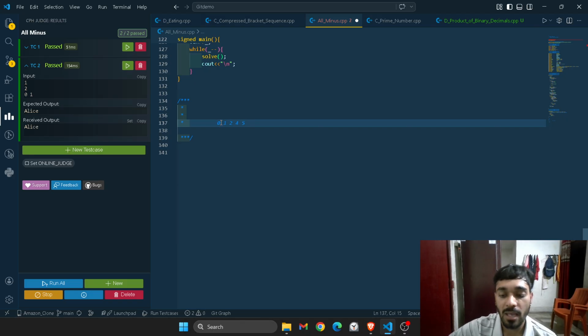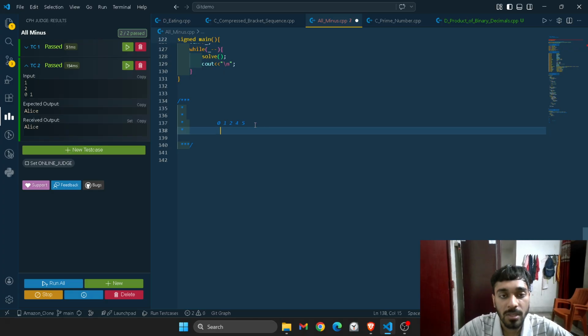So Alice comes and removes this 0, and we are left with these four integers. Then Bob's turn will come, and the minimum non-negative integer here is 1. So 1 is greater than 0, so Bob can choose any integer between 1 and m. Here only one case is possible, that Bob will choose 1 and replace every integer with the integer minus x. x is the number that Bob will choose.